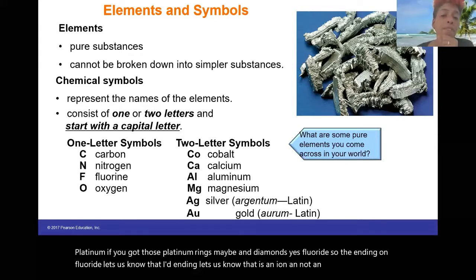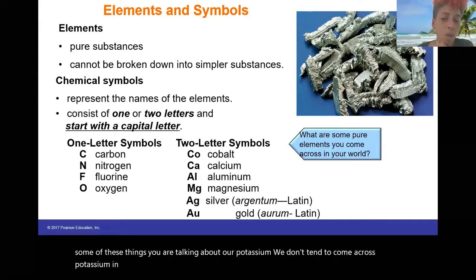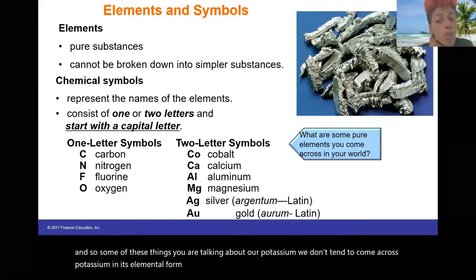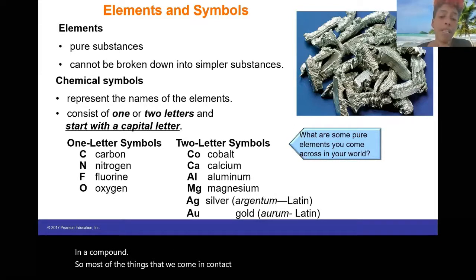And some of the things you are talking about are potassium. We don't tend to come across potassium in its elemental form, or fluorine. Those are most likely going to be found in a compound. So most of the things that we come in contact with are going to be found in compounds.